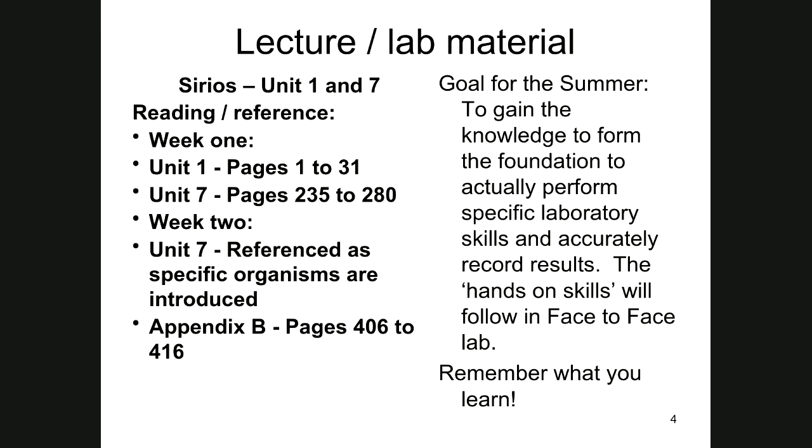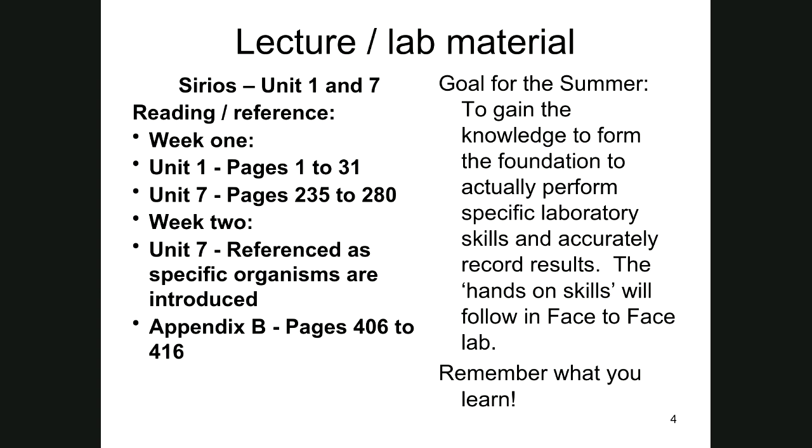So the lecture and lab material will be your Sirois textbook. It is Laboratory Procedures for Veterinary Technicians, and it is this green and yellow textbook that will be referenced throughout. You will have read most or all of that textbook by the time you're done with this summer course with the 2 sections.